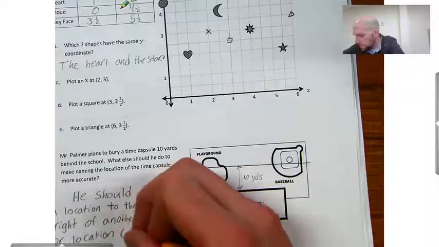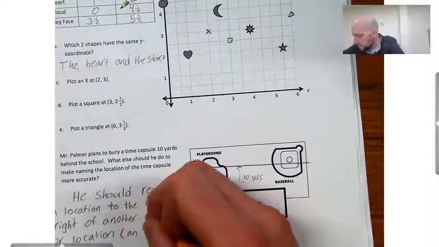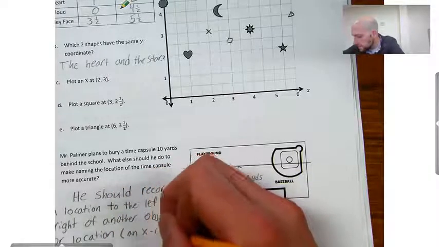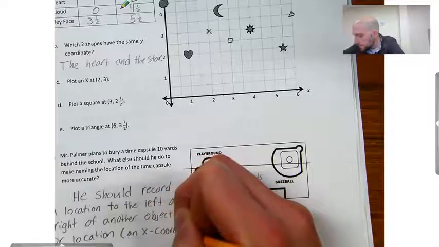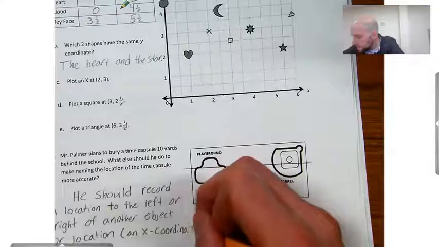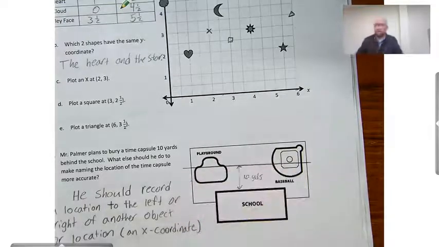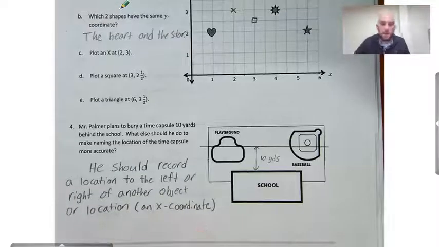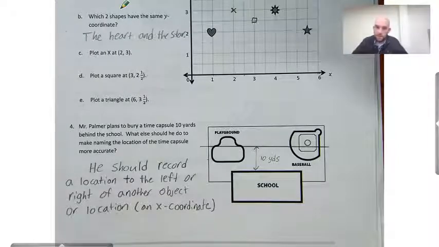I'm going to put in parentheses an x coordinate. So that's really what he needs. He already has his y coordinate. And he's going to need to determine an x coordinate as well so that he knows where to look to dig up that time capsule.